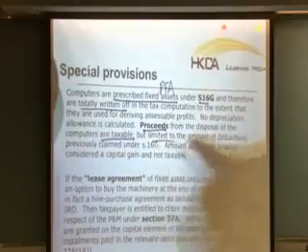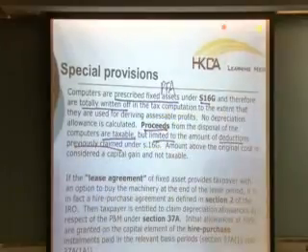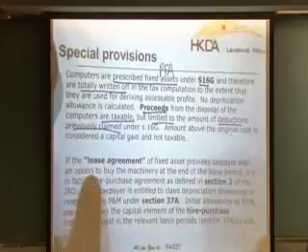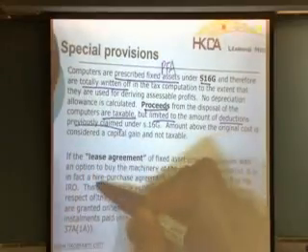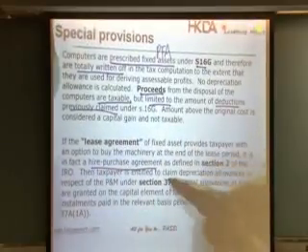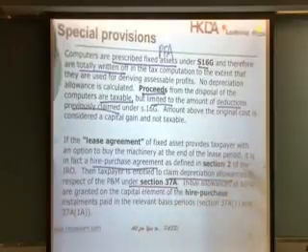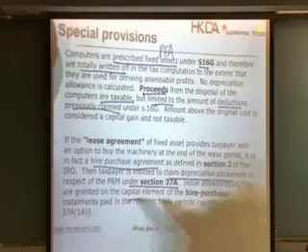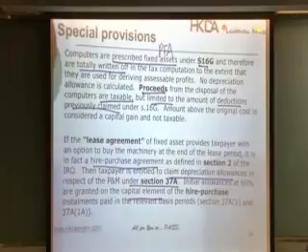Okay, if the equipment is under lease agreement, for example, hire purchase, you can only claim depreciation allowance under this section in respect of capital element. So each installment involves part of it is capital element, part of it is interest payment.